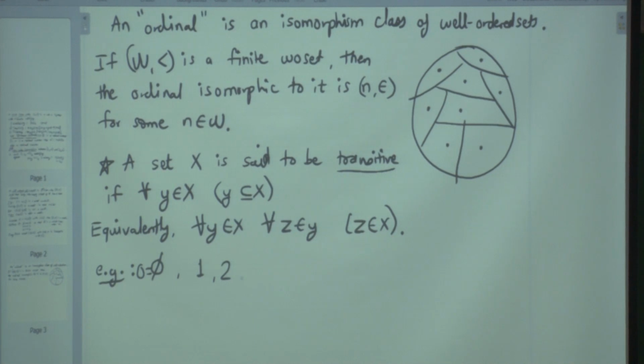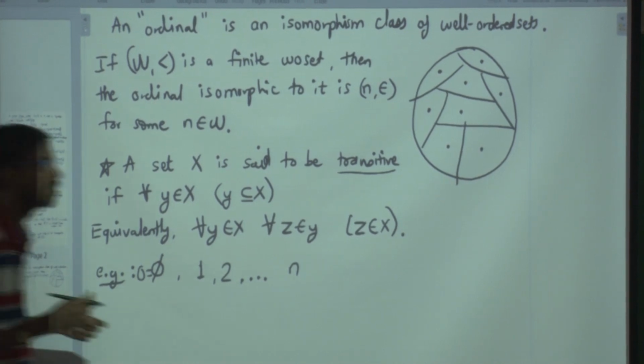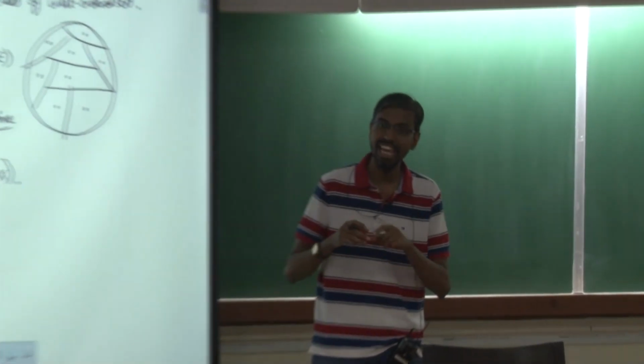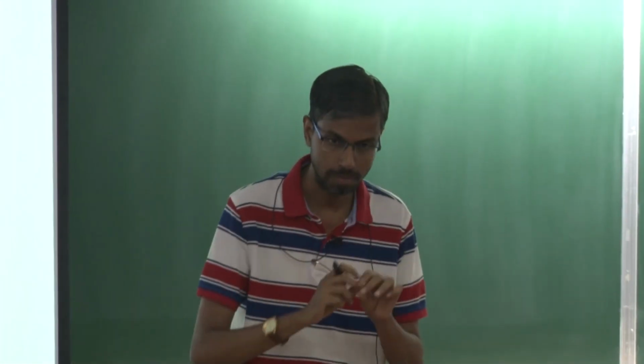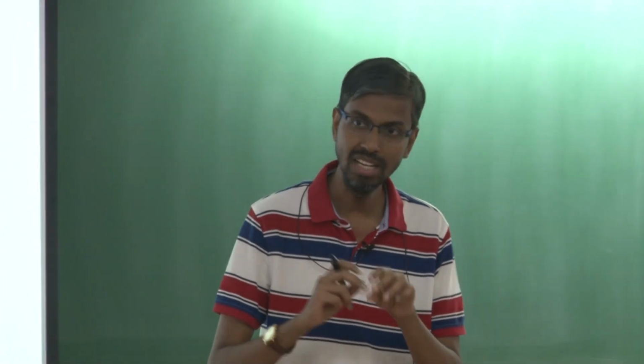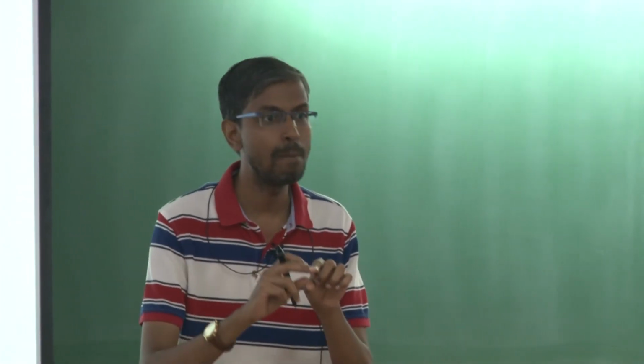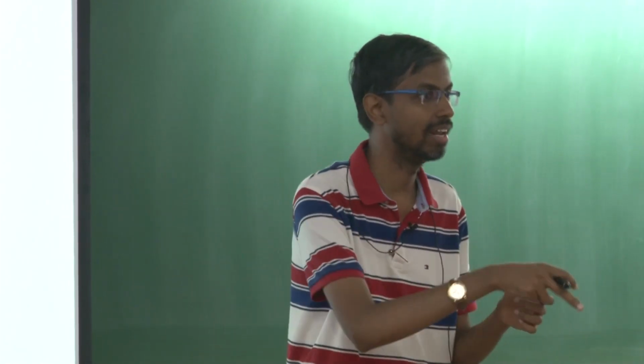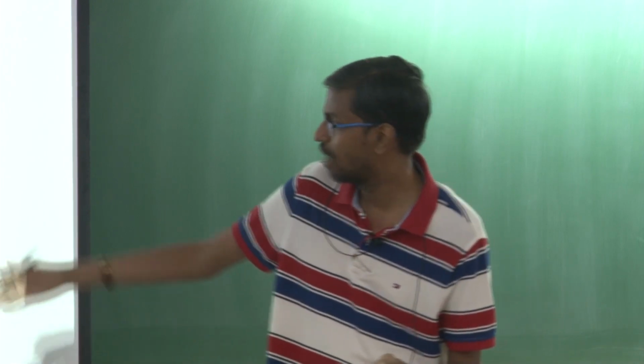In general, n is transitive as well, because something belongs to n means it is less than n. Let's say m belongs to n. Then if k belongs to m, then k is less than m, m is less than n, so by transitivity k is less than n. So therefore every n is also a transitive set.